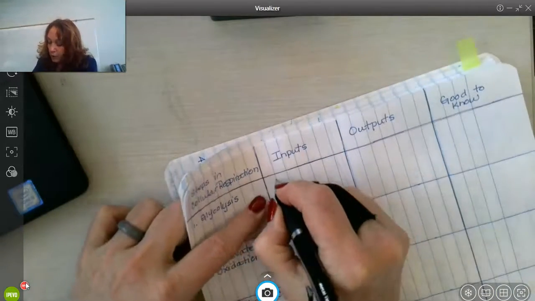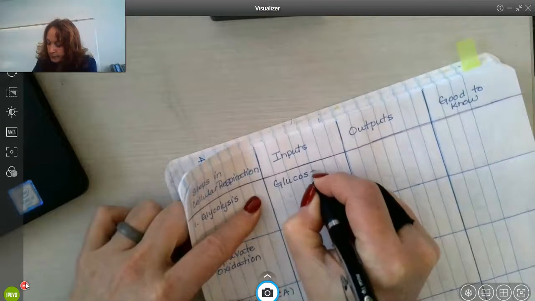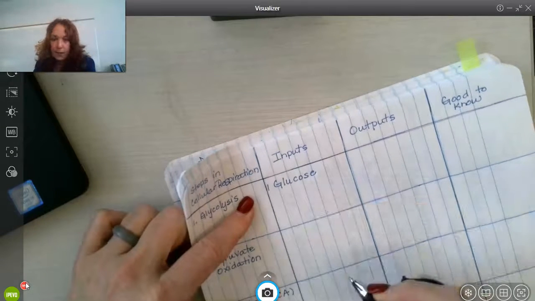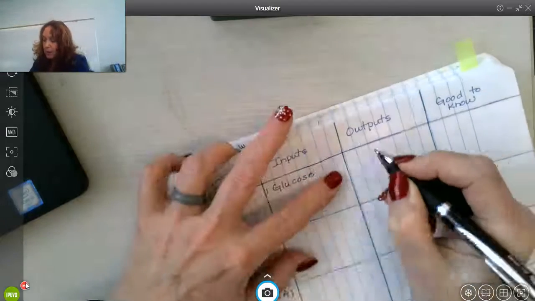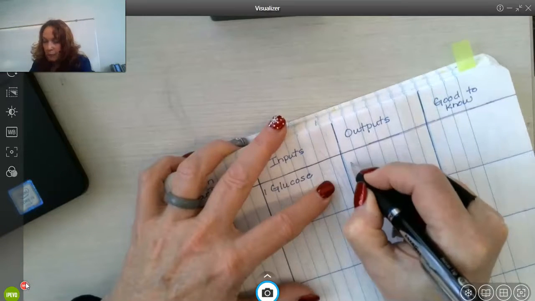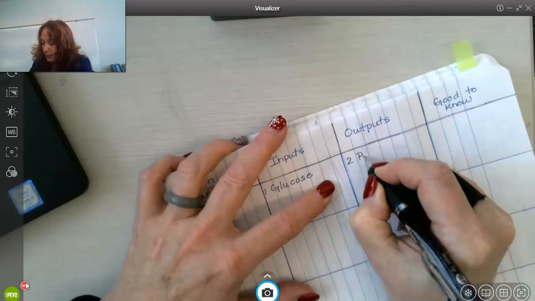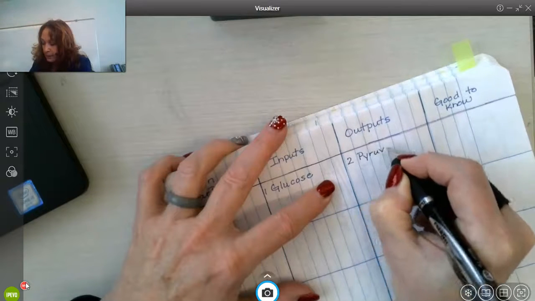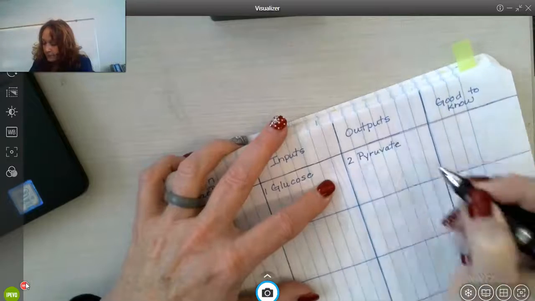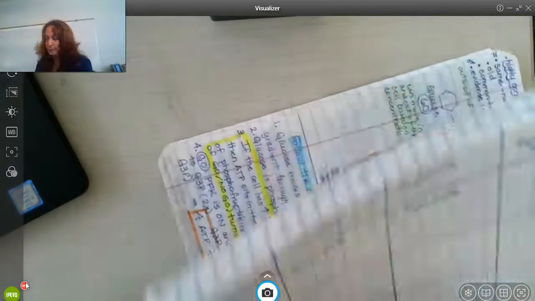So you start off with glucose, and we would have 1, and you'd end up with, following along with carbons, these glucose molecules get broken in half, and you end up with 2 pyruvate molecules. Okay, so that's the carbon piece.